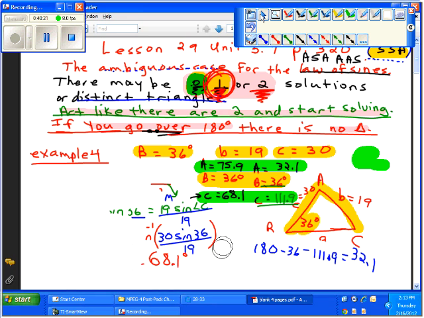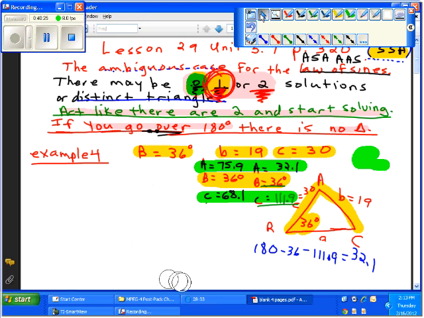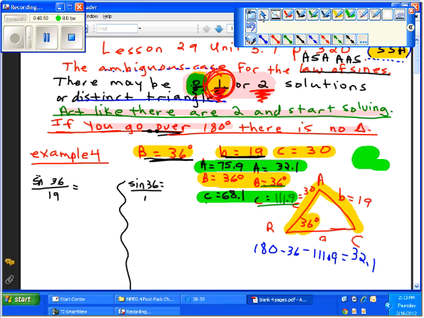And so what we're going to do now is find our two choices for little a. Now we're going to use what was locked in. We're going to find little a twice. Both times we're going to use the given b stuff. Sine b 36 over little b 19 equal. And then we go to our a options.